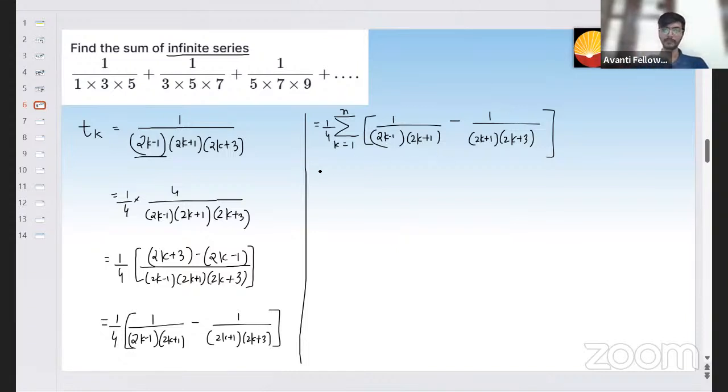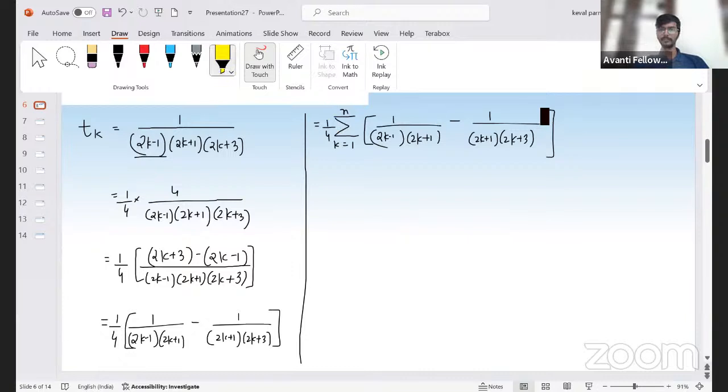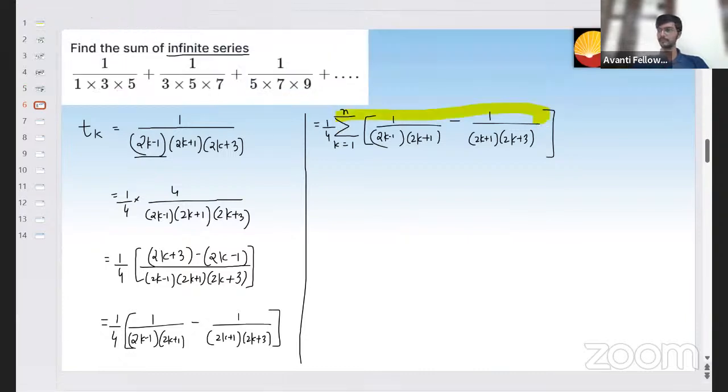The 1 by 4 will remain as it is. I am opening just this summation part. Let me highlight this.